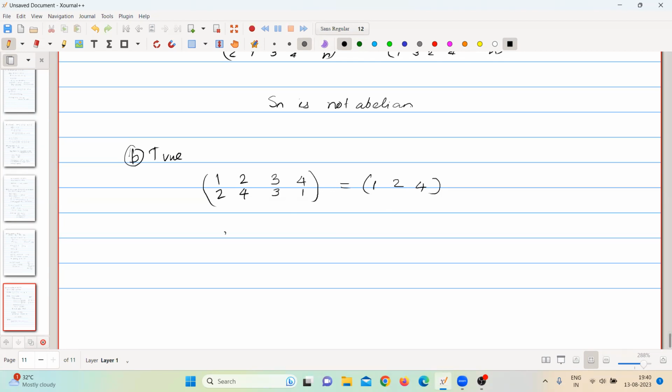So whatever the length of the cycle, if there is only one cycle, that will be the order. Here the order of the permutation is 3. If anyone has doubt, you can write it explicitly: write this permutation rho, find rho square, rho cube, and see at what n, rho to the power n equals identity.